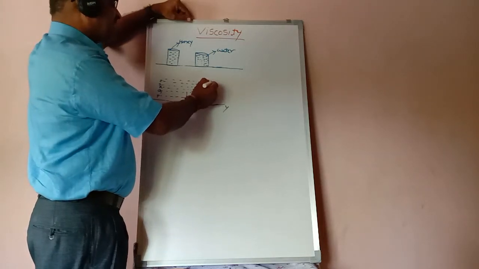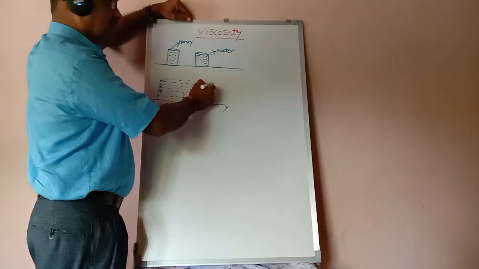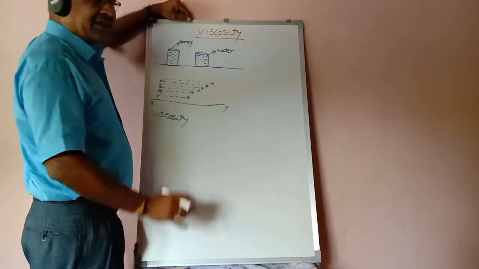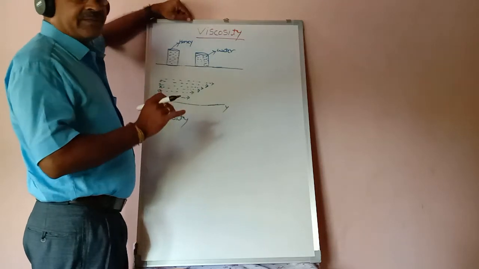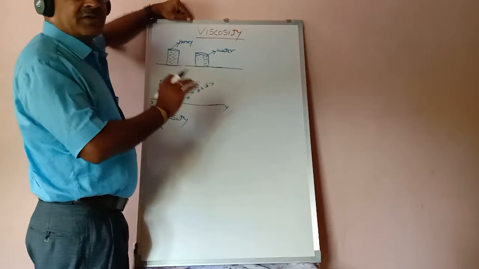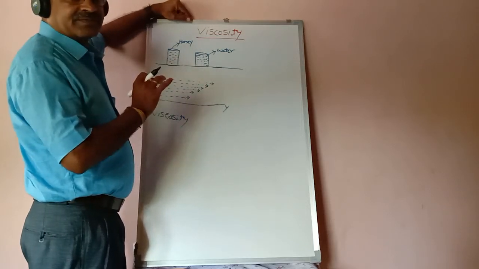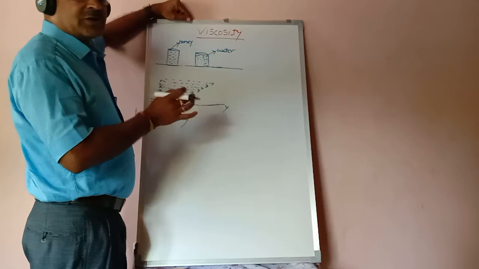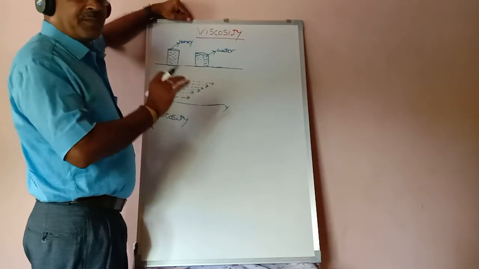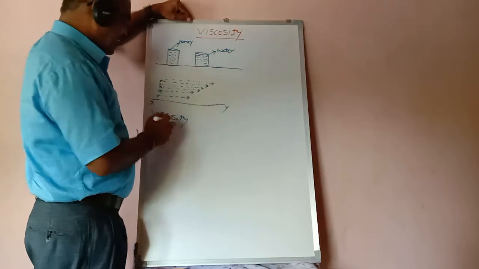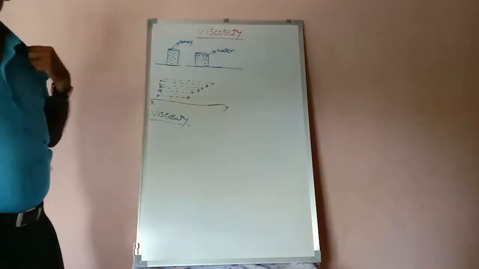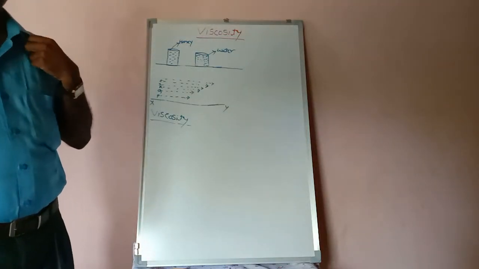These are the adjacent layers of the liquid that oppose the motion of the liquid. Such a property, the opposing property, is called viscosity.